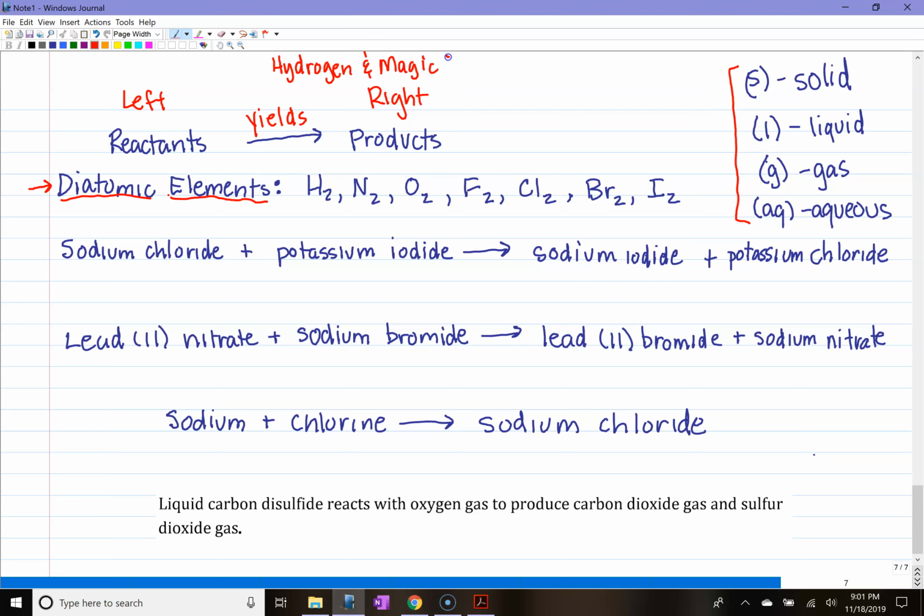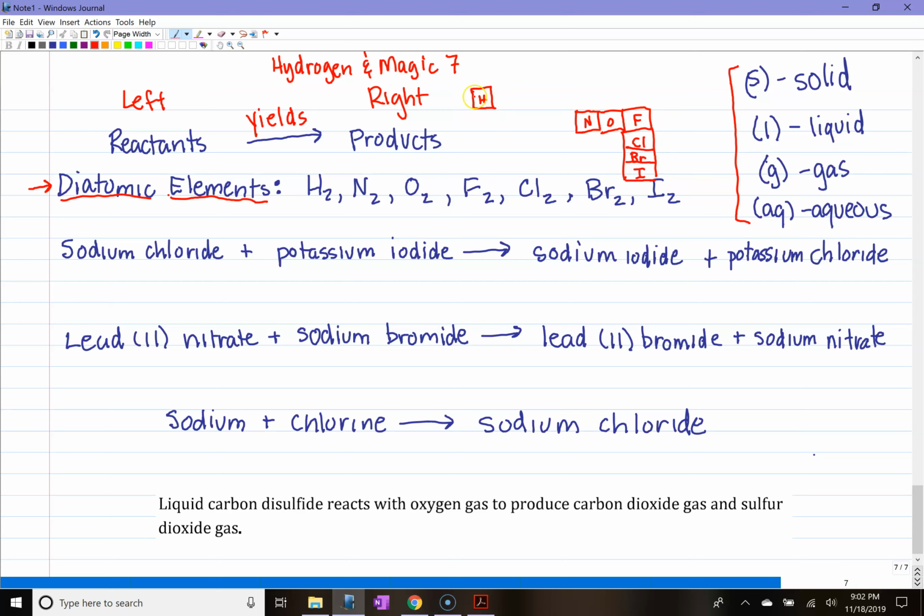There's 7 diatomic elements. Hydrogen is over here on the periodic table by itself. And then if I come to the other side of the periodic table, I'm going to get nitrogen, oxygen, fluorine, chlorine, bromine, and iodine.